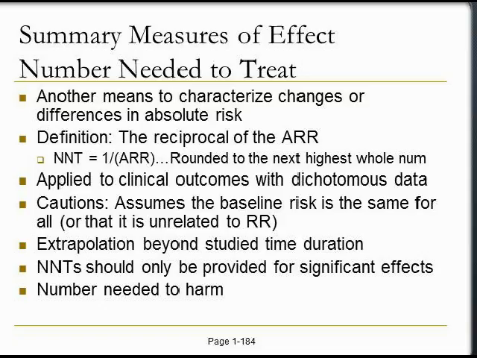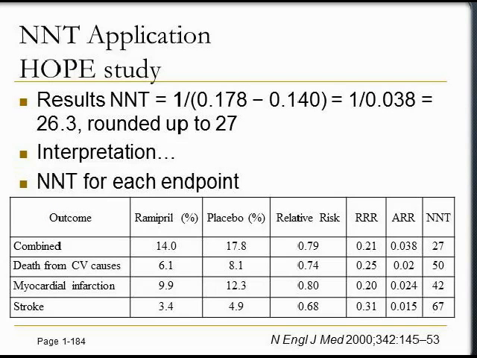Extrapolation beyond the study time duration shouldn't happen. And number needed to treat should only be provided for those situations in which a statistically significant finding is observed. A contrasting term to number needed to treat is number needed to harm, a concept that we won't show, but a related concept.